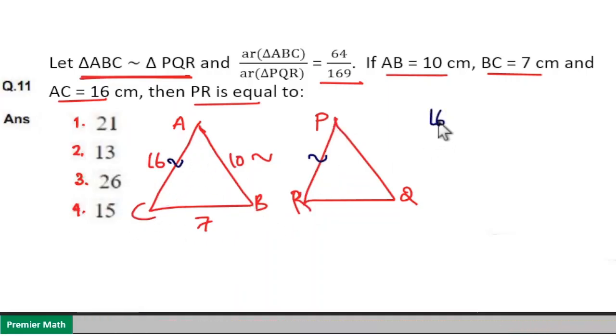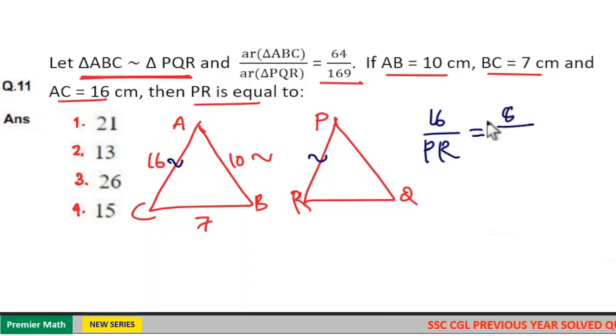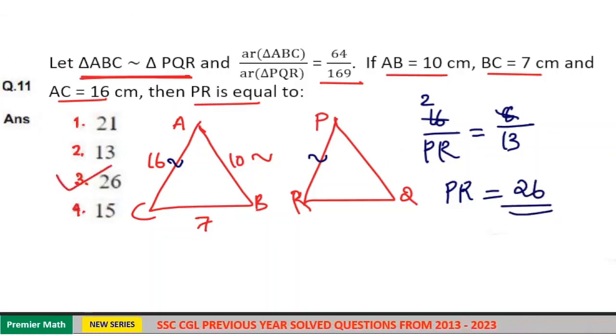That is 16 divided by PR is in the same ratio as the square root of the areas of the respective triangles. That is, here square root of 64 is equal to 8 and square root of 169 is equal to 13. So here 8 goes 2 times in 16. PR is equal to 13 into 2, 26. So option 3 is your answer.